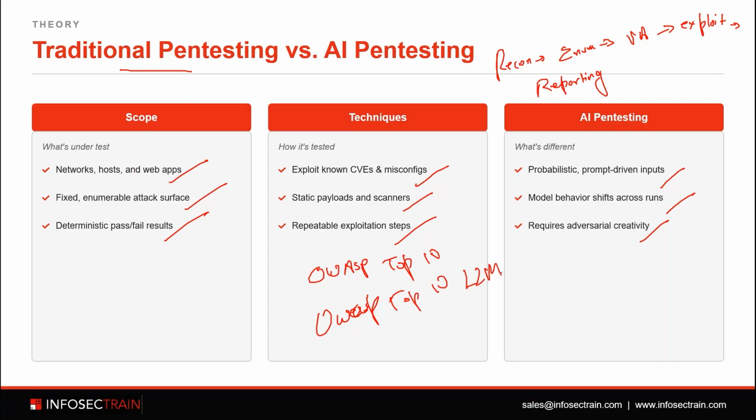Same, there is the OWASP Top 10 for agentic AI, and the OWASP Top 10 for machine learning. For generative AI as well, there is an OWASP Top 10. So for all of them, you will be using that, right? That's the difference between traditional versus AI pen testing.